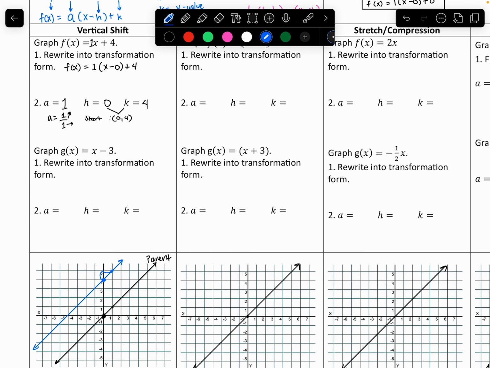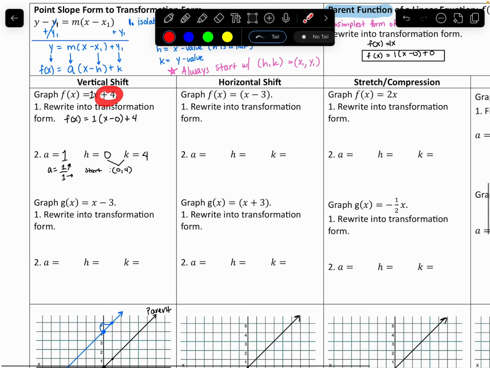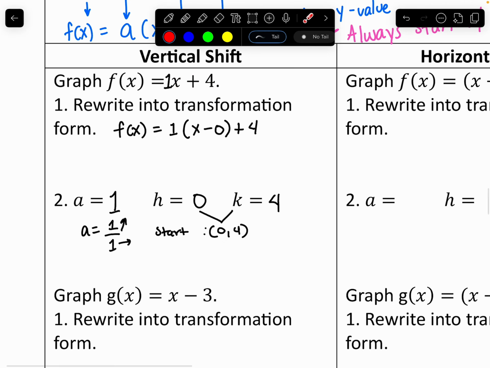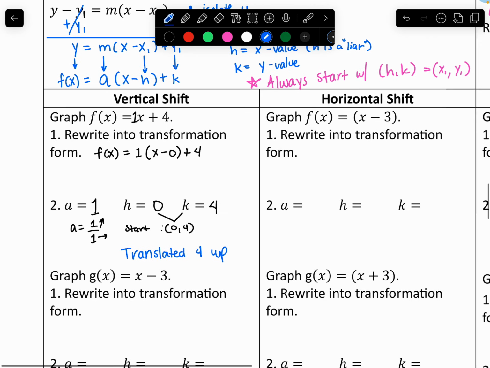Okay, so as you notice from the parent function, we moved up, right? How can you tell if it's moving up? You look here, plus 4. So now you can say the parent function is translated 4 up, right? Translated 4 up from the parent function.